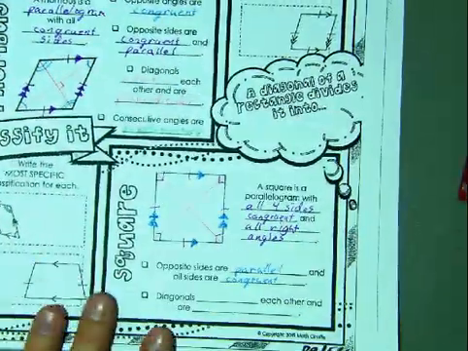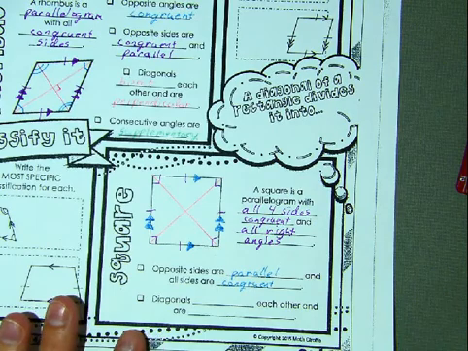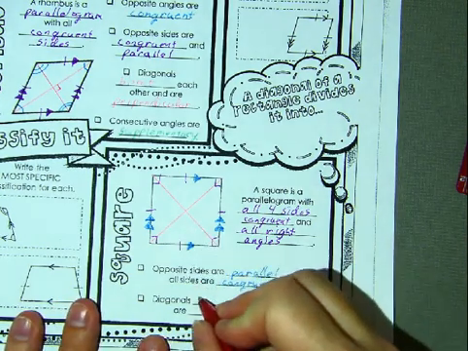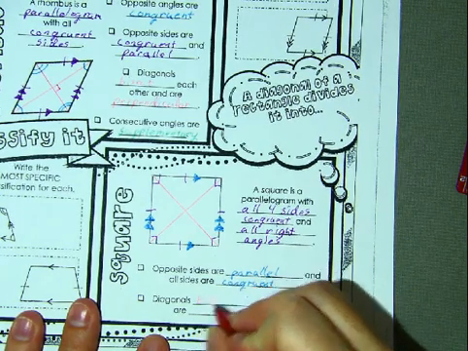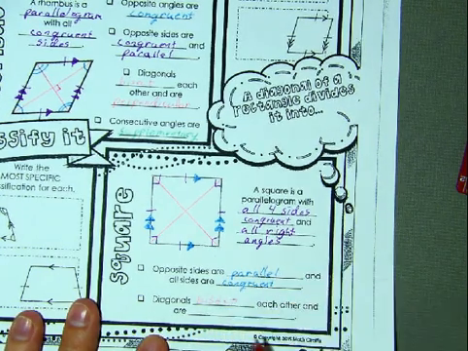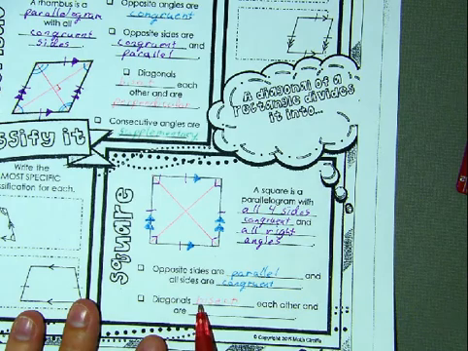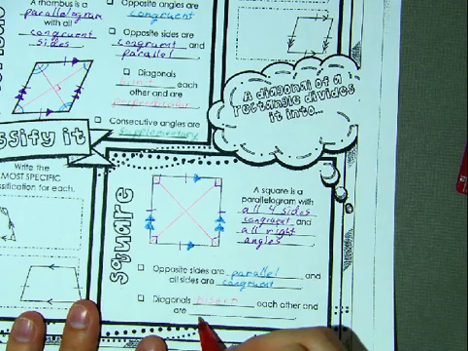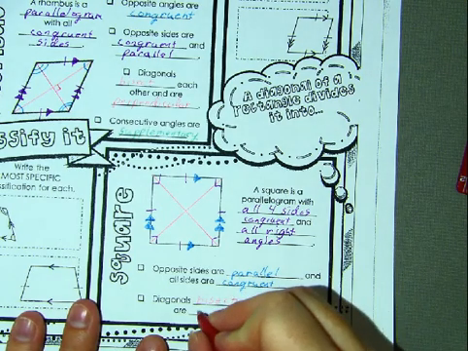Now, if we look at our diagonals, we'll see that they are bisecting each other. Because it's a parallelogram, we know those diagonals are going to bisect each other. And since this has to be a rectangle in order to be a square, we know that those diagonals are also congruent.